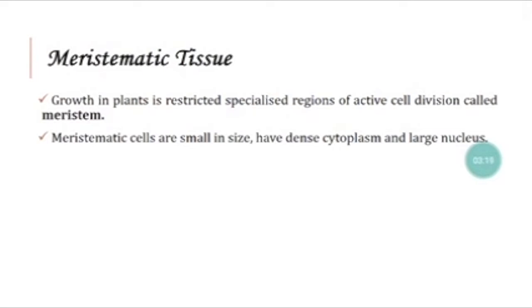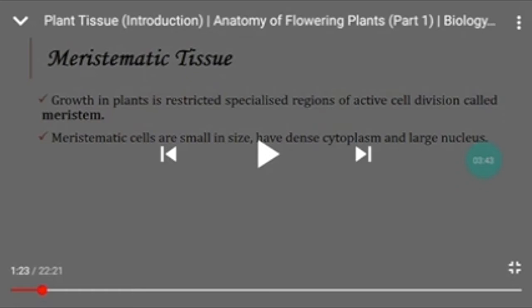That's why there are two types of tissues: one is meristematic, and the other is permanent. Why is the name meristematic mentioned? The meristematic tissue is also called temporary tissue. So what is the meaning of meristematic tissue? Growth in plants is restricted to specialized regions of active cell division, called meristem.